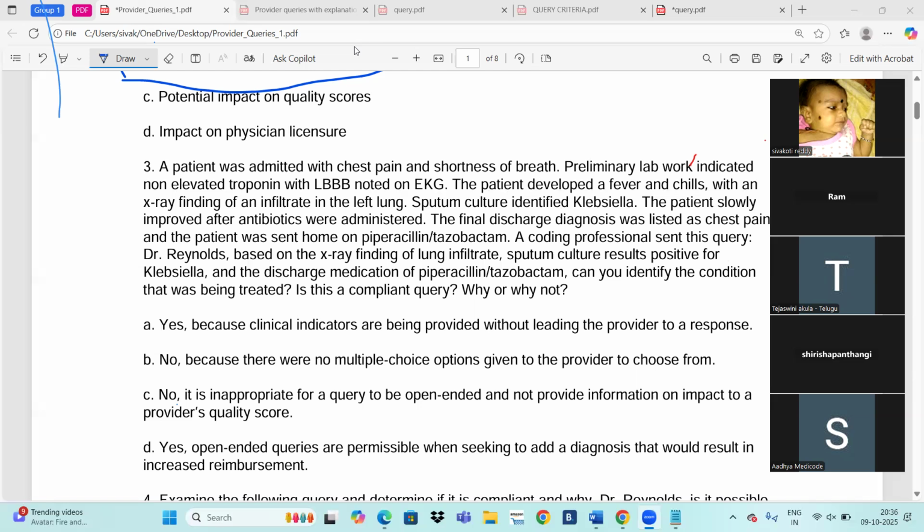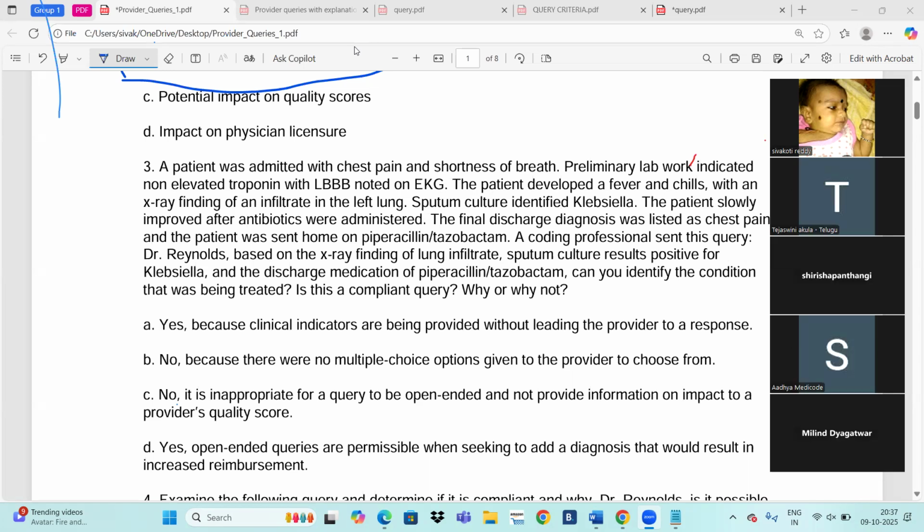Done. Should it be compliant format or not? Yes, it is. So which option is correct here?